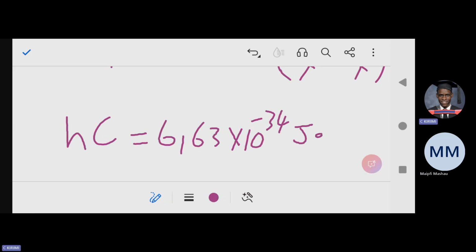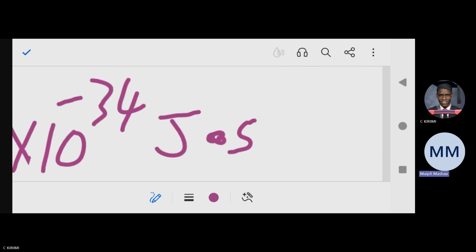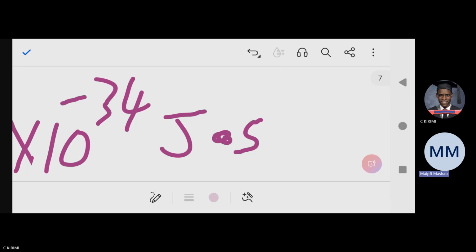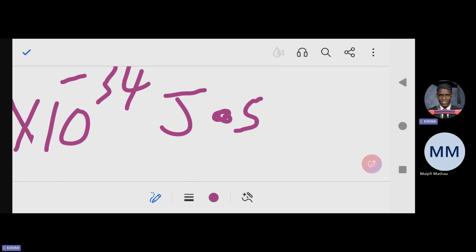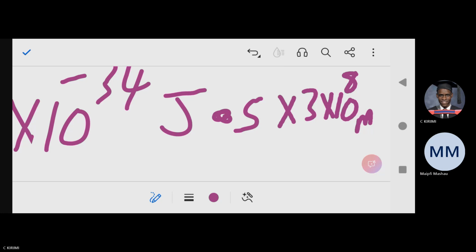Then multiply by 3 times 10 to the power 8, and the units are meters per second, so seconds to the power negative 1.